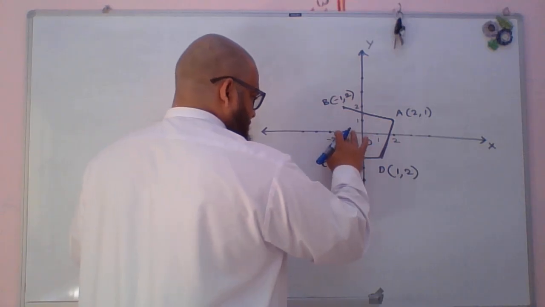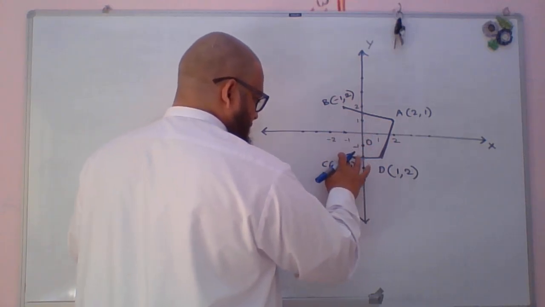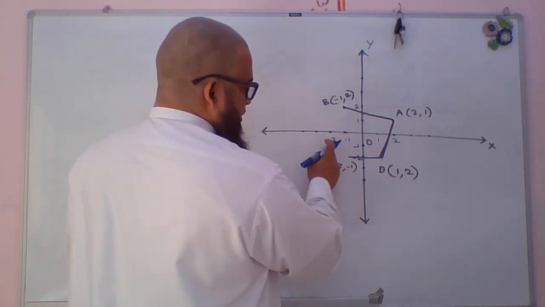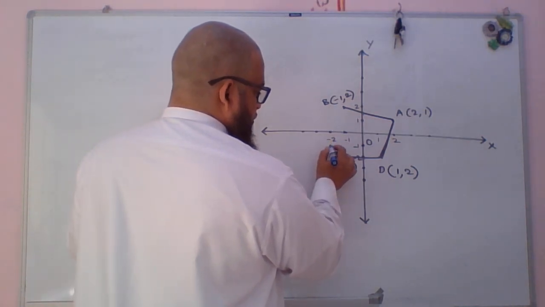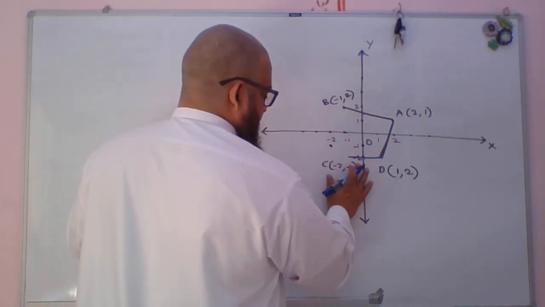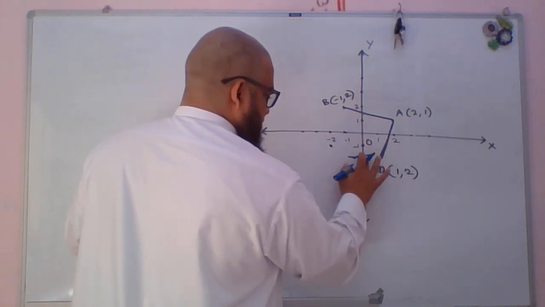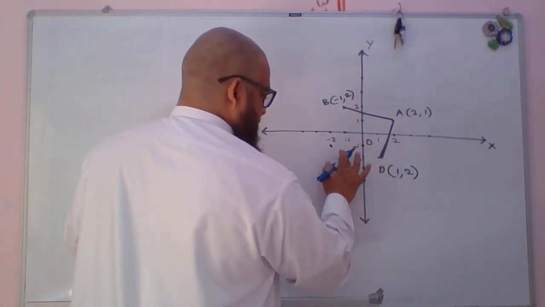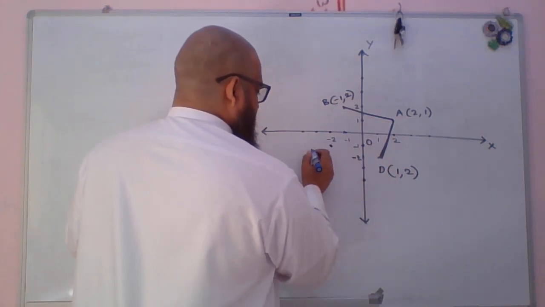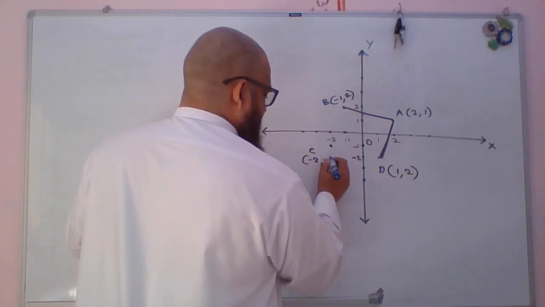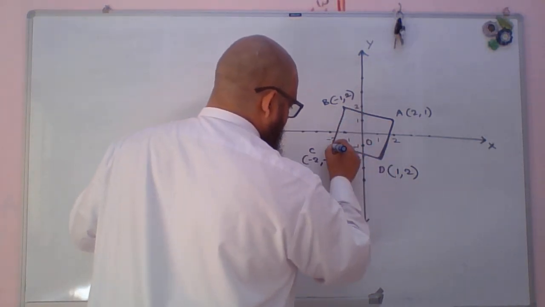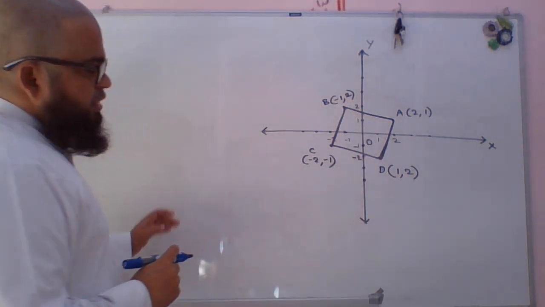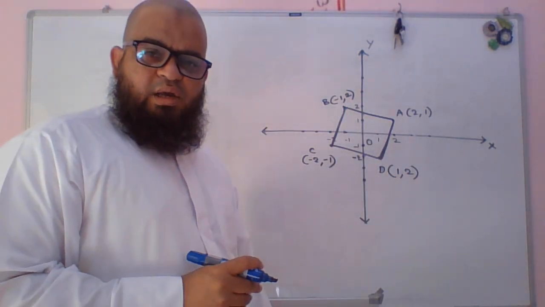It is actually -2 comma -1, right? This is -2 and this is -1. So I have made a blunder. So C is -2 comma -1. So when I join this, it now looks like a square, but a tilted square.